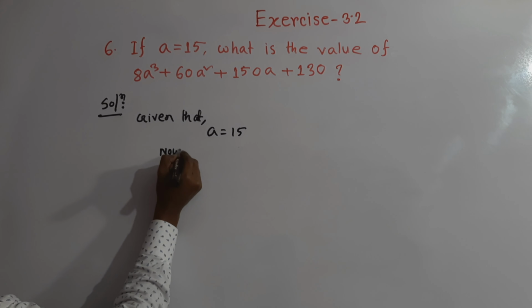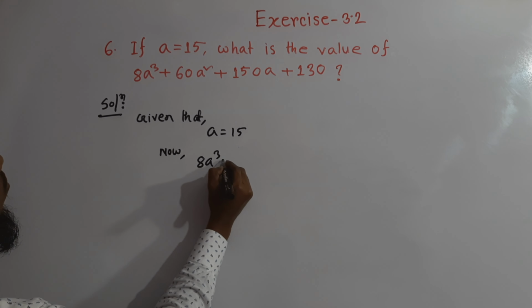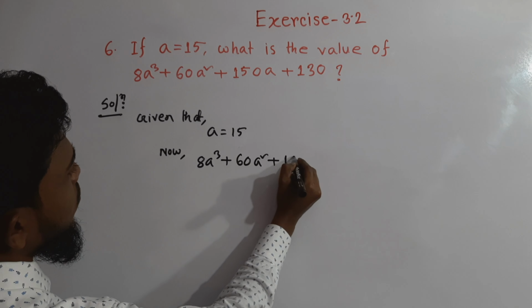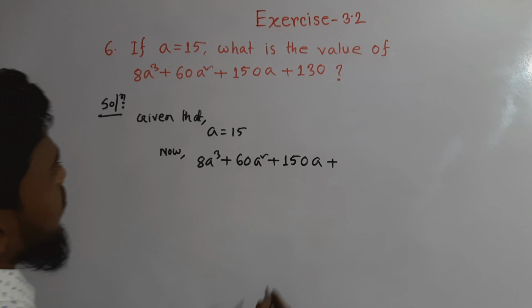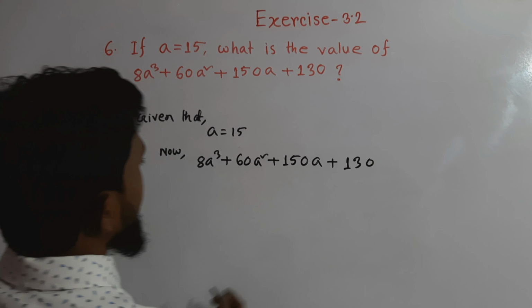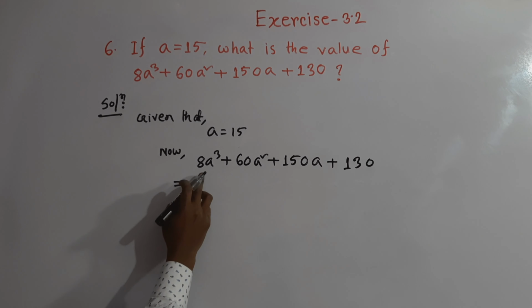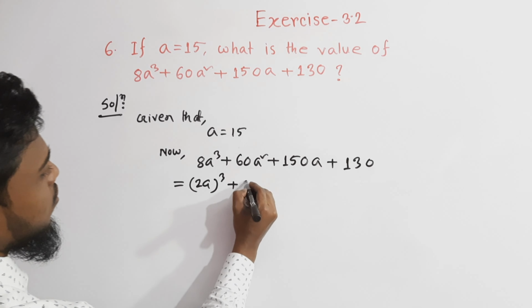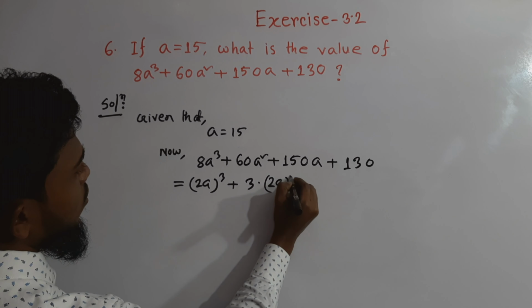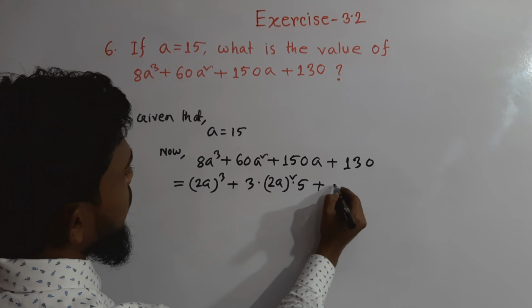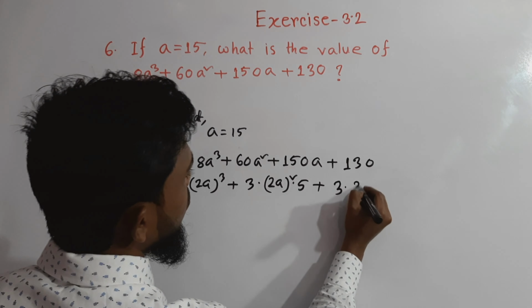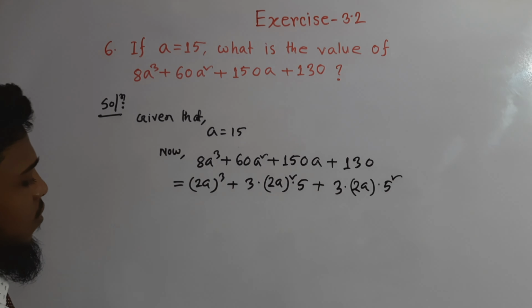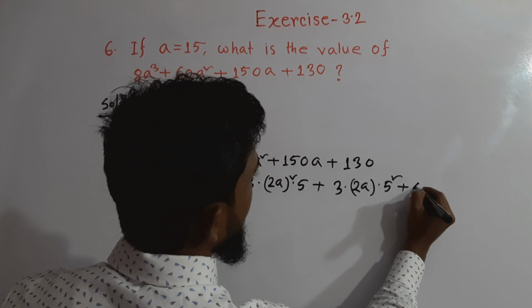Now 8a^3 plus 60a^2 plus 150a plus 130. Now we can write this term as (2a)^3 plus 3 into (2a)^2 into 5 plus 3 into 2a into 5 square plus 5 cube.